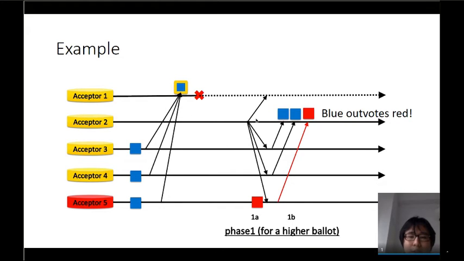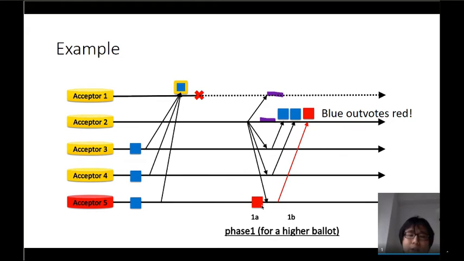It broadcasts a phase 1A message in the higher ballot to everybody. It itself doesn't vote for anything in the previous ballot, so it cannot respond with any value. Acceptor 1 crashed, so it cannot respond. Acceptor 3 and acceptor 4 will return the blue value, right, as a phase 1B response.